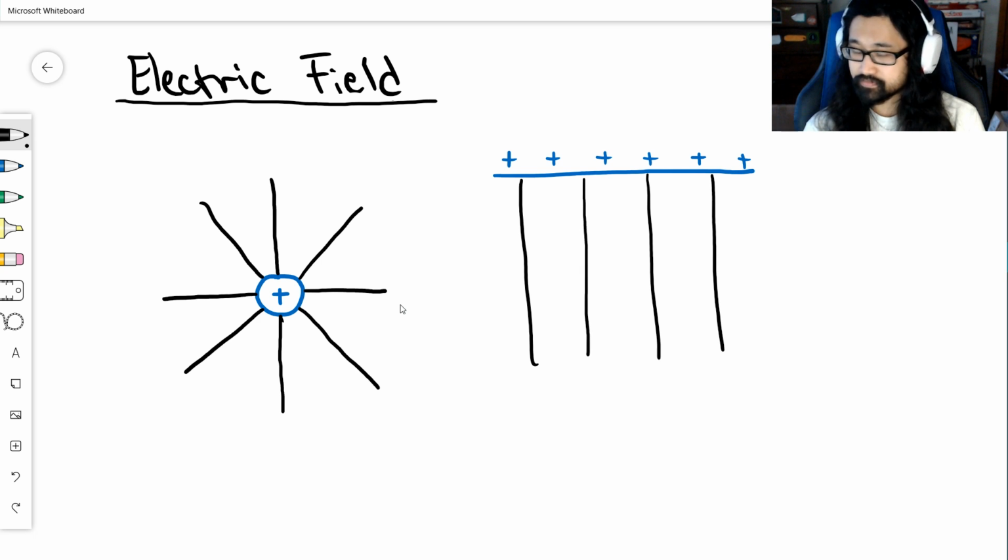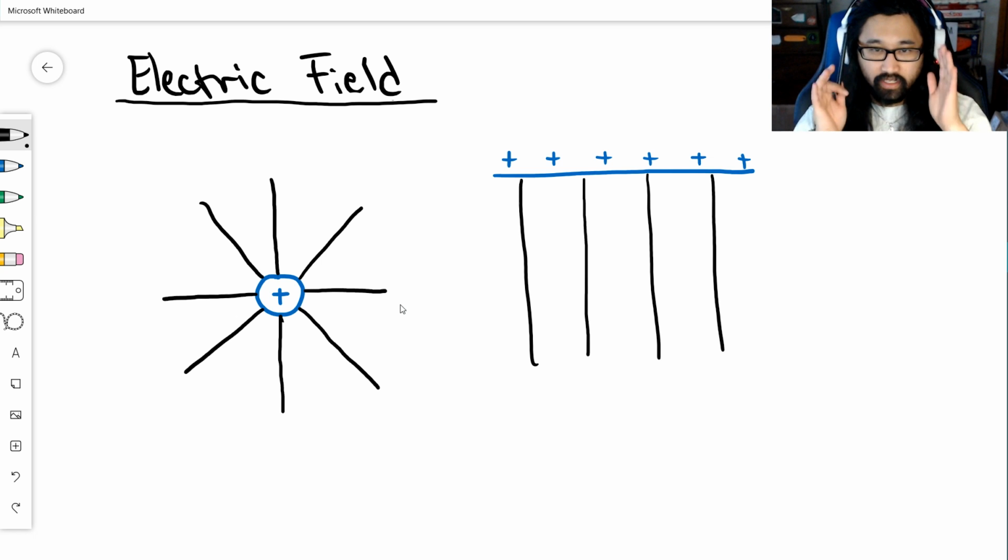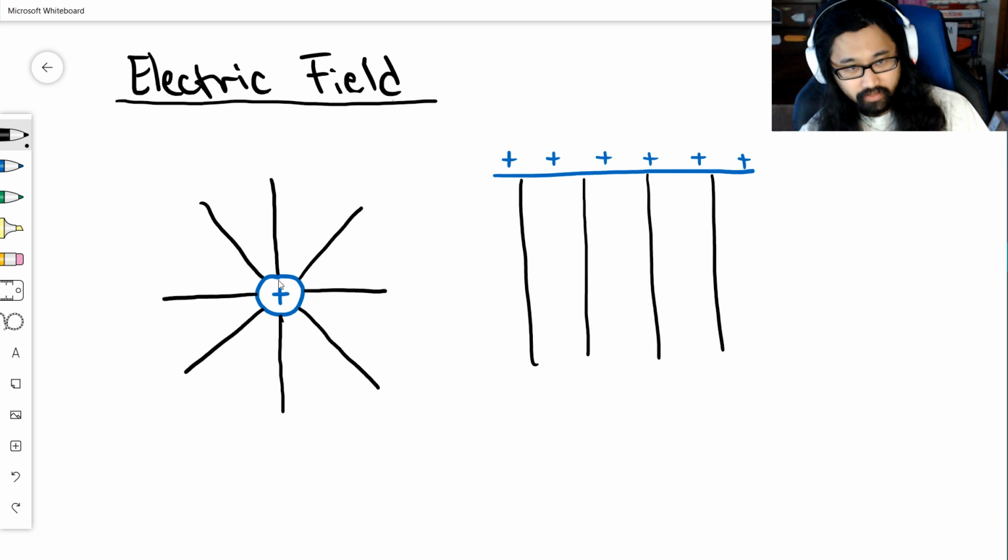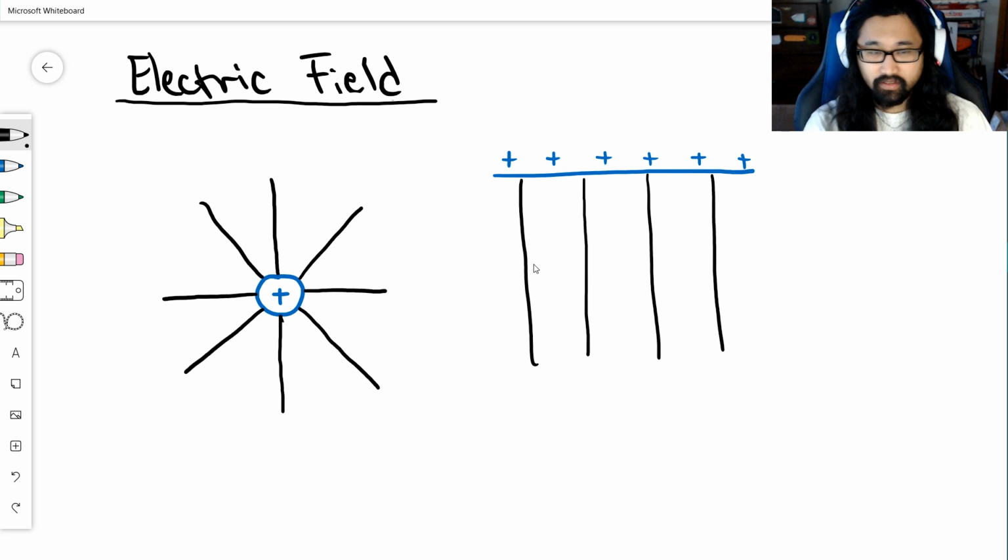Now, the other thing about electric field: the visual helps us look at a field and say, because the lines are close together here and further apart here, I know that this is stronger close to the surface and weaker further away. These lines are all the same distance apart, so they're all going to stay the same strength.